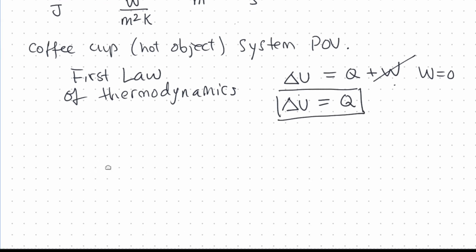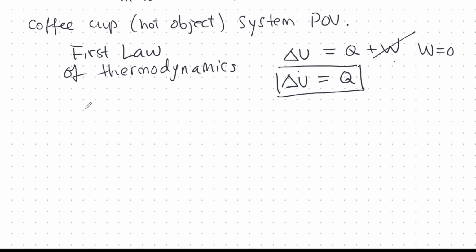But what is the heat that has gone into the system? It's not quite Q_R. That's the heat that left the system. So delta U is actually minus Q_R. Now it makes sense because delta U is negative. The internal energy of our cup of coffee will go down in some small time, delta t.